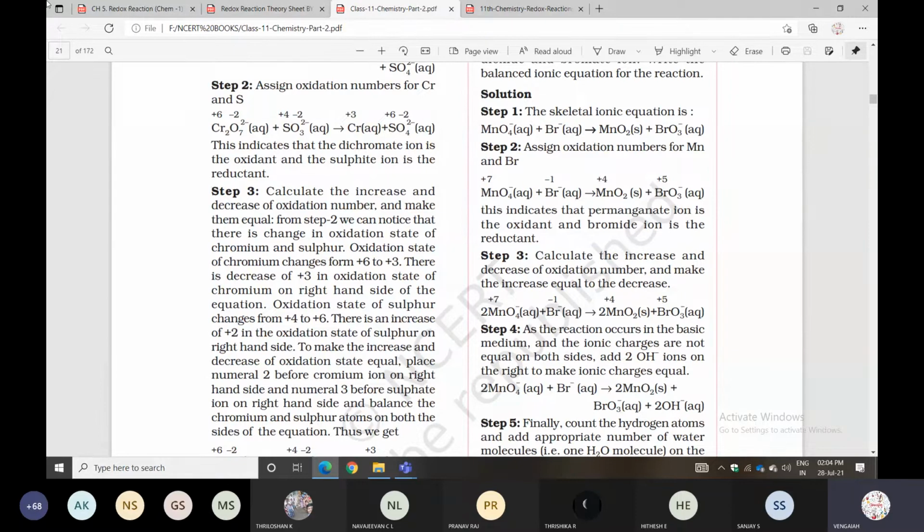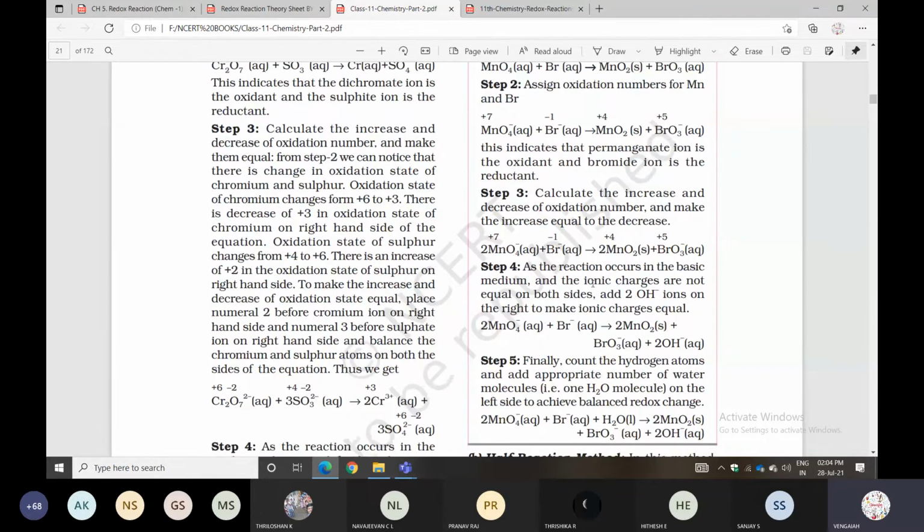As the reaction occurs in the basic medium, the ionic charges are not equal on both sides, so add 2 OH minus ions on the right to make the ionic charges equal.